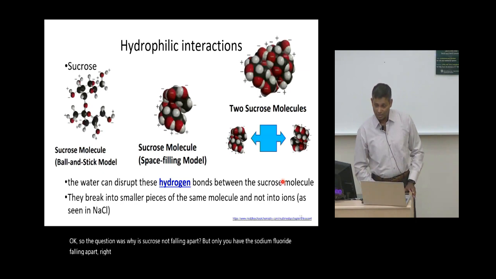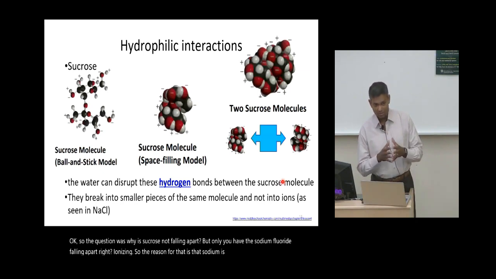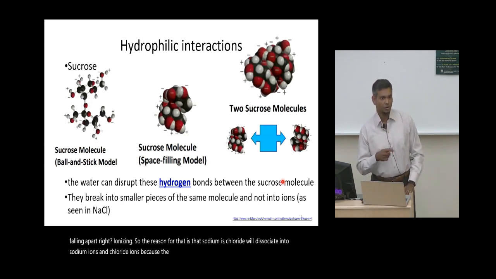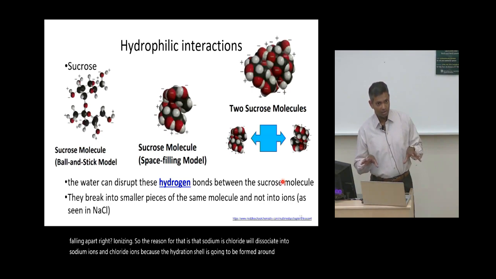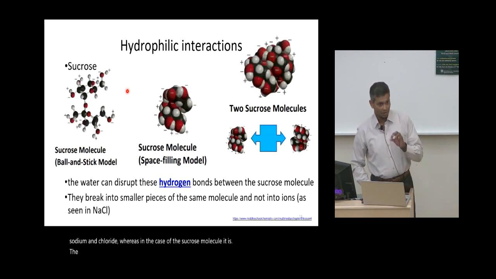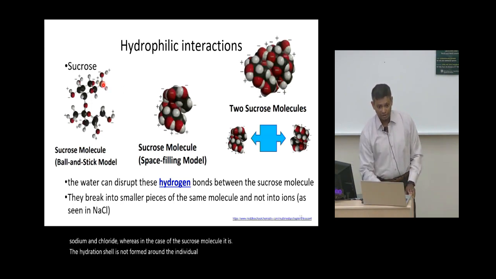Ionizing. So the reason for that is that sodium chloride will dissociate into sodium ions and chloride ions because a hydration shell is going to be formed around sodium and chloride. Whereas in the case of the sucrose molecule, a hydration shell is not formed around the individual atoms, rather it is only formed around the entire molecule.